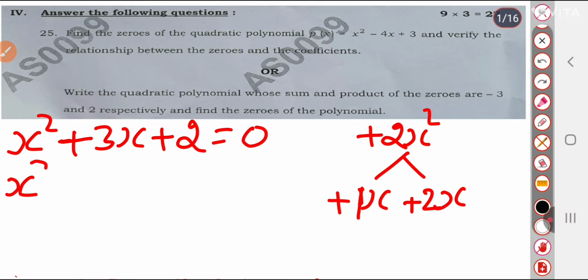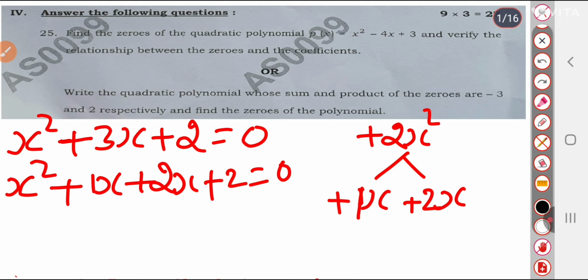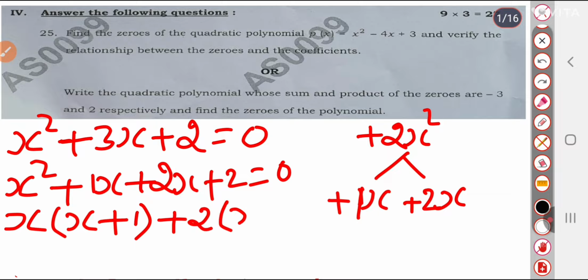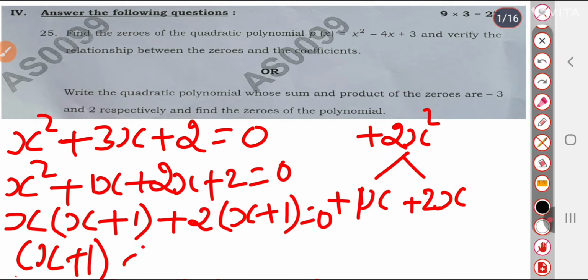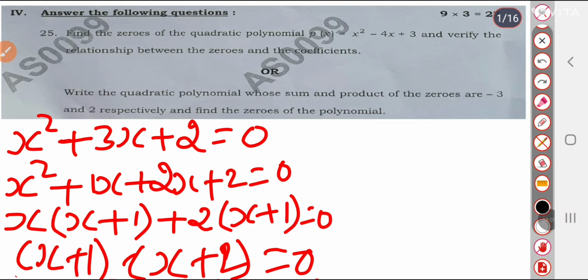If we substitute here, x square plus 1x plus 2x plus 2 is equals to 0. In this common is x, plus 1 is remaining, and plus 2 is common, and x plus 1 is remaining, is equals to 0. So x plus 1 into x plus 2 is equals to 0. Now what are the zeros?